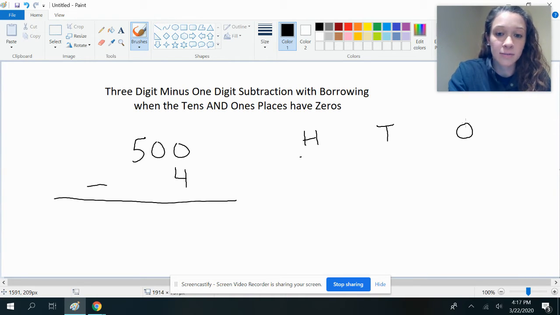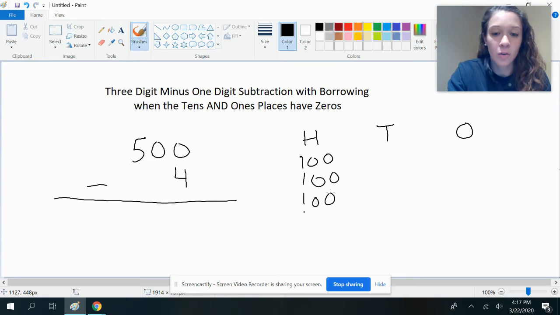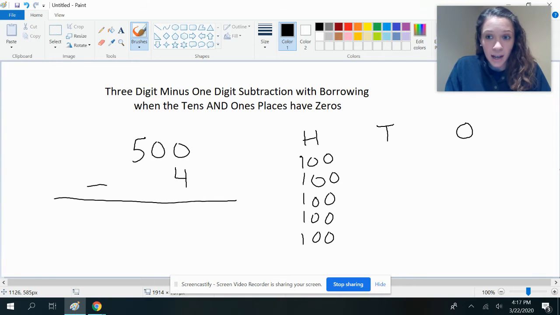So I'm going to write down 5 hundreds: 100, 200, 300, 400, 500. I have no tens because there's a 0 in the tens place, and I also have no ones because there's a 0 in the ones place. So this is the hundreds, tens, and ones chart that shows the number 500.